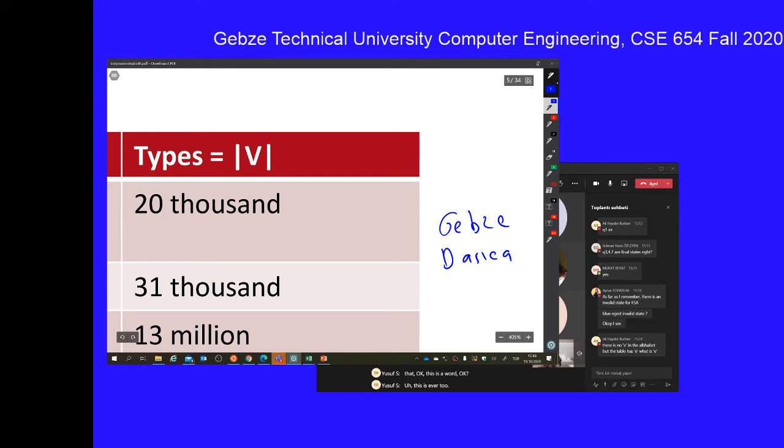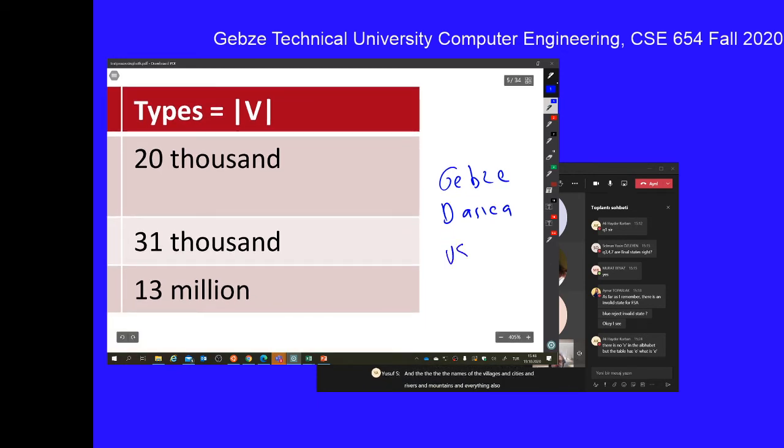If you count all the proper names and the names of villages and cities and rivers and mountains and everything, also this is a word. Google says that this is a word type. Google also says that this is a word too.